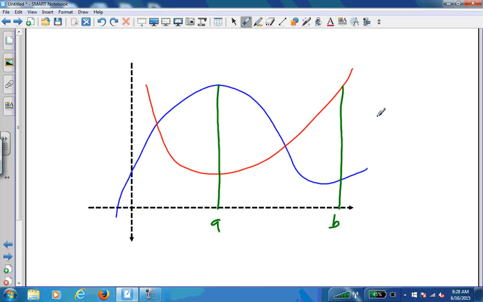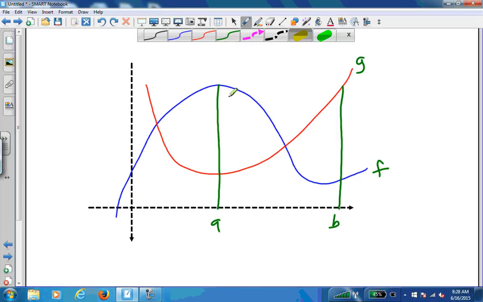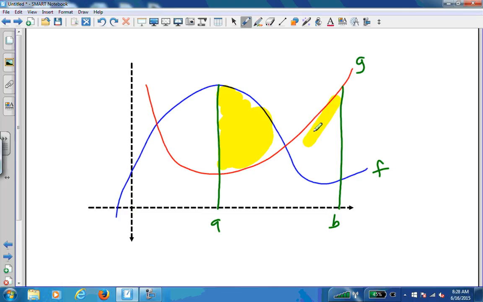Let's call that one F and G. So if I'm wanting the area between those from A to B, that's that area and that area. So let's call this point x value C. So notice in this section, f is your function that's on top, g is on bottom. In this section, g is on top, f is on bottom.